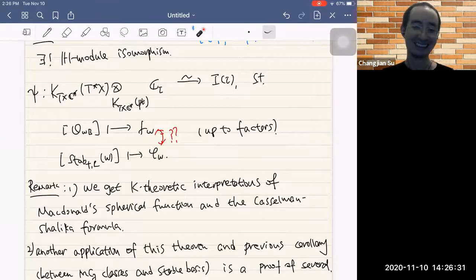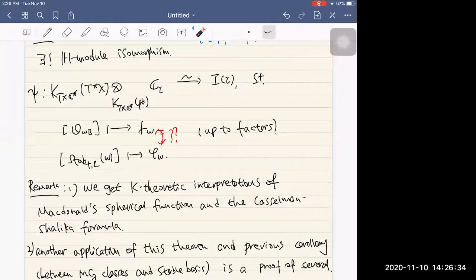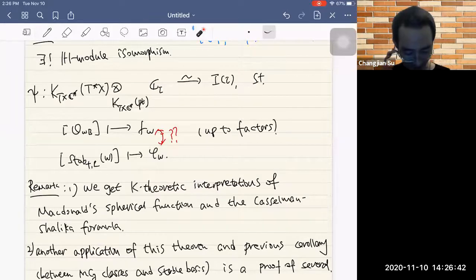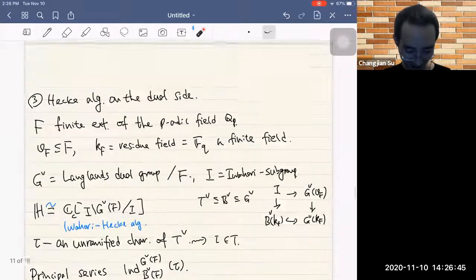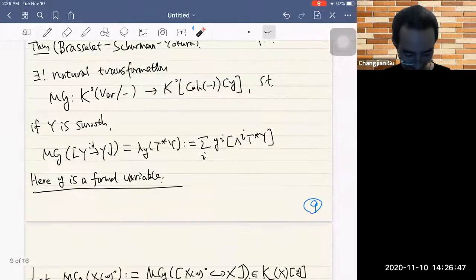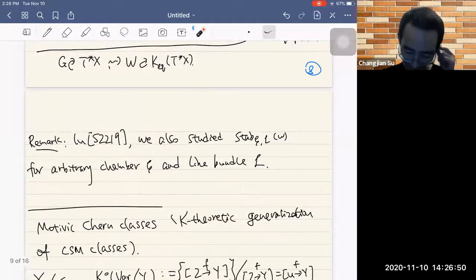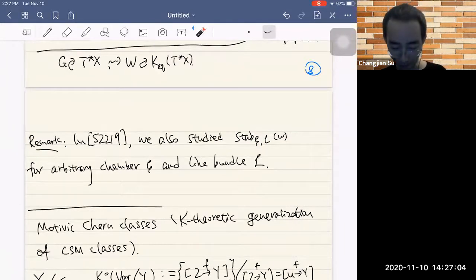Okay, and also maybe I was a bit lost at this point of your talk. Is it in the finite characteristic setting? Oh, that is a very good question. That is right, I didn't mention it. As I said, we can determine all the stable bases for any chamber and for any non-bounded L, and then you can use this affine braid group action due to Simon Riche and Roman Bezrukavnikov to categorify this.